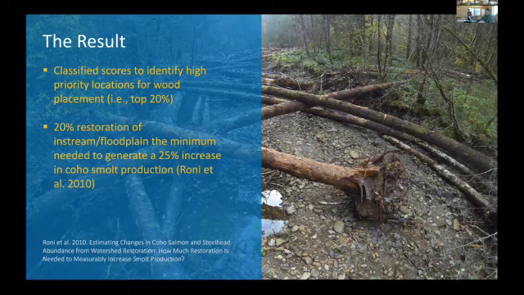That's based on 20% restoration of in-stream floodplain being the minimum needed to generate a 25% increase in coho multiplication. That's from Roni et al., 2010. So we're going for 20% restoration on this watershed plan. That's what they came up with. They think they can pull that off in 5 years, probably going to be 10 years. Maybe 15. Maybe 50. Next slide.